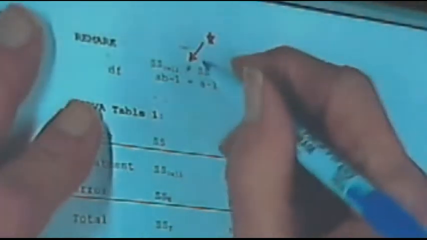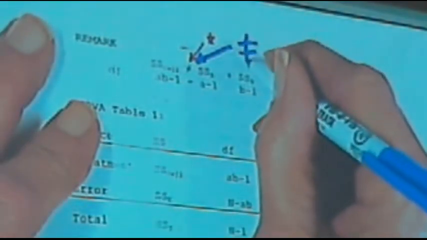Now here's where the trouble comes in. Notice that sign says not equal.